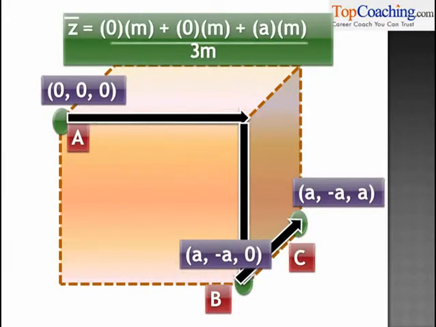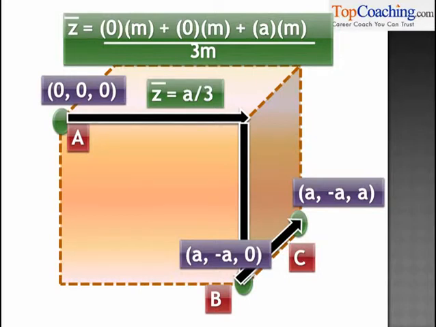We can similarly calculate the z coordinate of the center of mass of the system. The z coordinate of the center of mass is z coordinate of A into mass of A plus z coordinate of B into mass of B plus z coordinate of C into mass of C divided by mass of all three particles. This one comes out to be a by 3. So there you go.